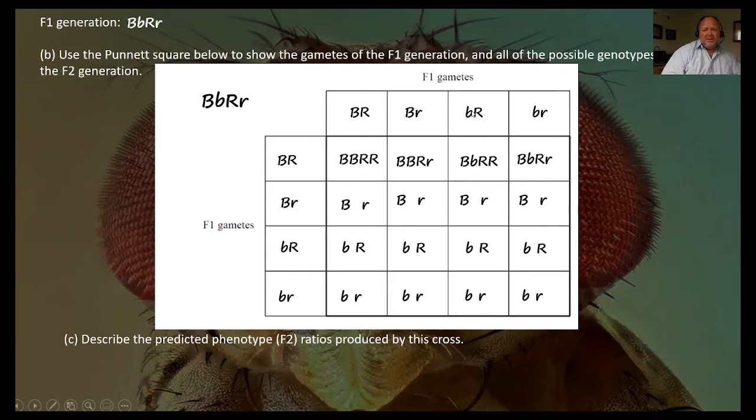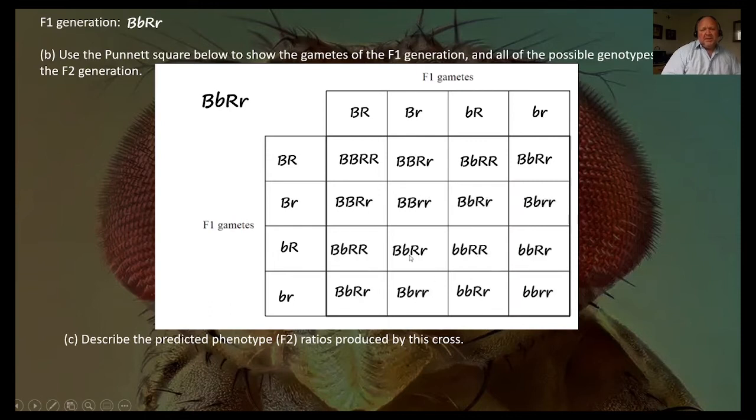Big B, big R. So big B, little b, and remember we always write the lowercase second. That's the convention. And then big R, little r. The same thing happens down here, and that's how we fill them in.